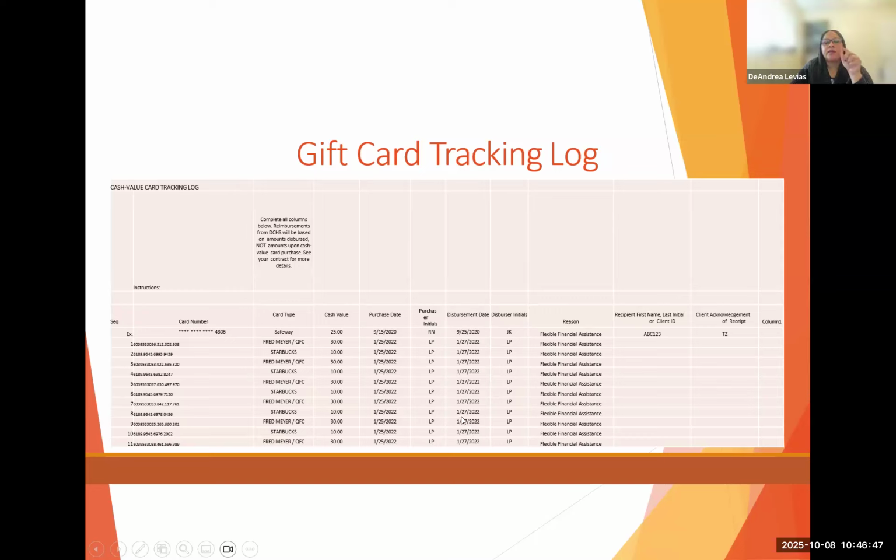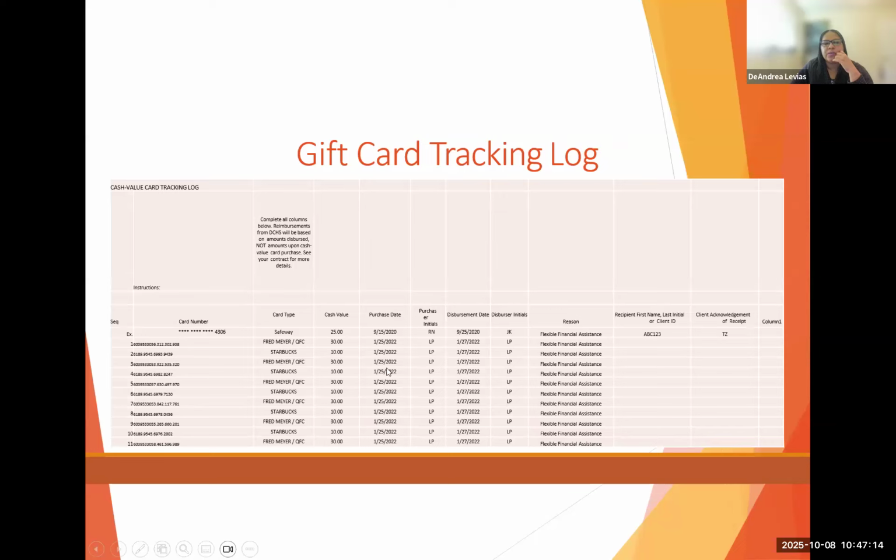I will say that best practice is to buy them as close to the disbursement date as you can. That way you're not having to worry about storing them and locking them up and maybe having them accessed inappropriately, or coming up missing.